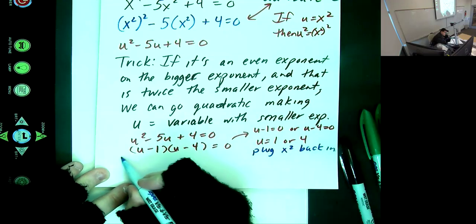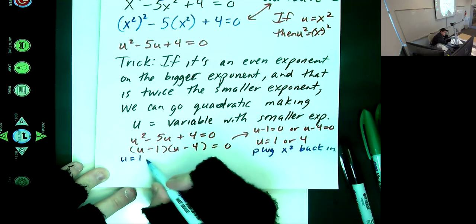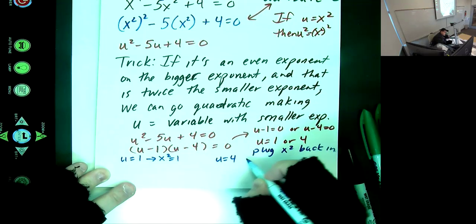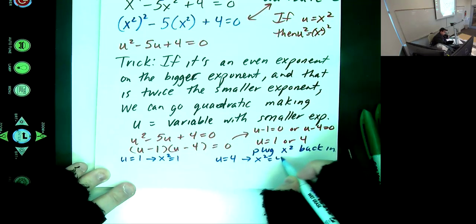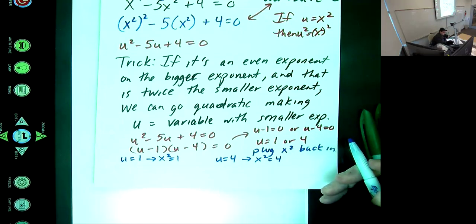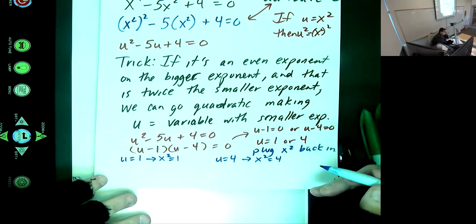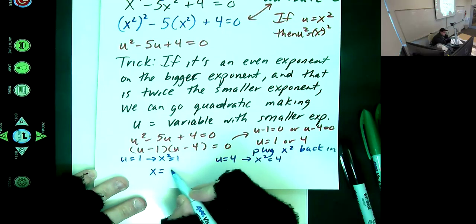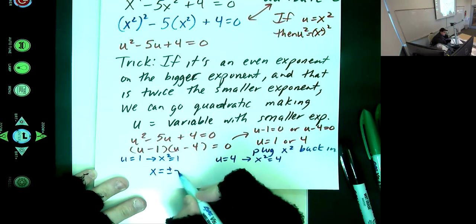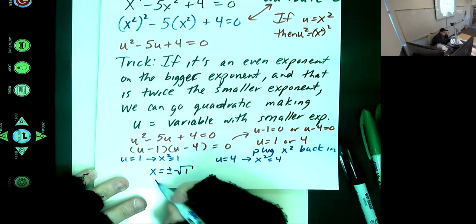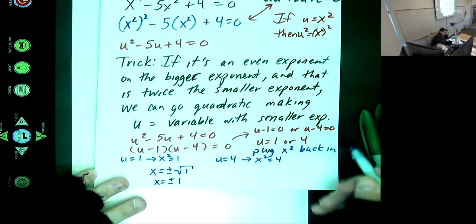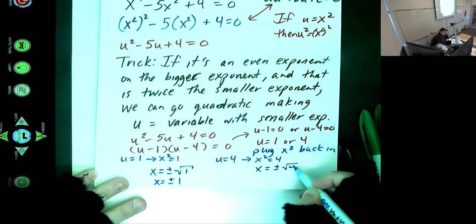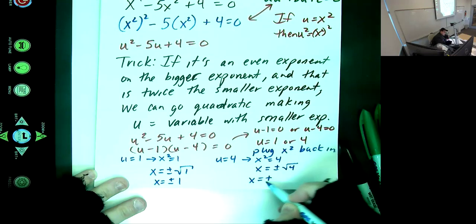So u equals 1 becomes x squared equals 1. And u equals 4 becomes x squared equals 4. We do the whole extracting roots, we get plus or minus square root of 1, which is just 1. And here we'll do the plus or minus square root of 4, and we get x equals plus or minus 2.